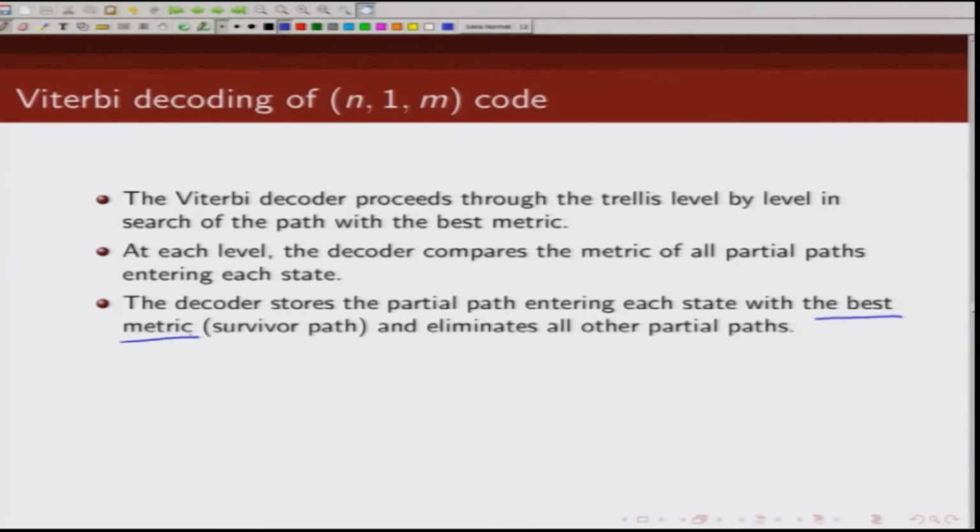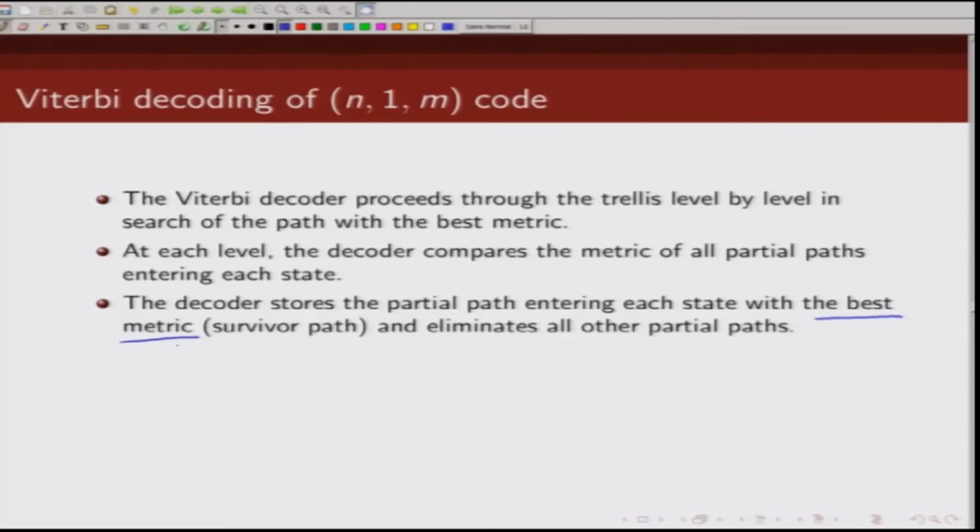Note that for time t greater than m, there are two branches converging at each state. From those two branches, it is going to pick the one branch which gives us the best path metric. So, it will store that best path metric and remove all other paths which do not give us the best path metric.